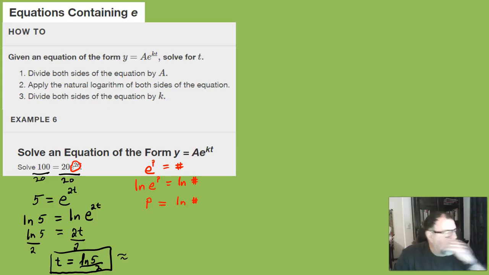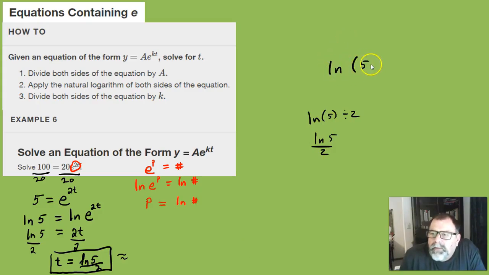Now, when you do it, make sure that you see on the calculator that it's ln of 5 divided by 2, or ln of 5, then divided by 2, depending on what program or calculator you're using, because that'll give you a different answer than if it's thinking you meant this other one. So you should get about 0.805. Well, it's 0.8047, so if I do 3 places, 0.805.